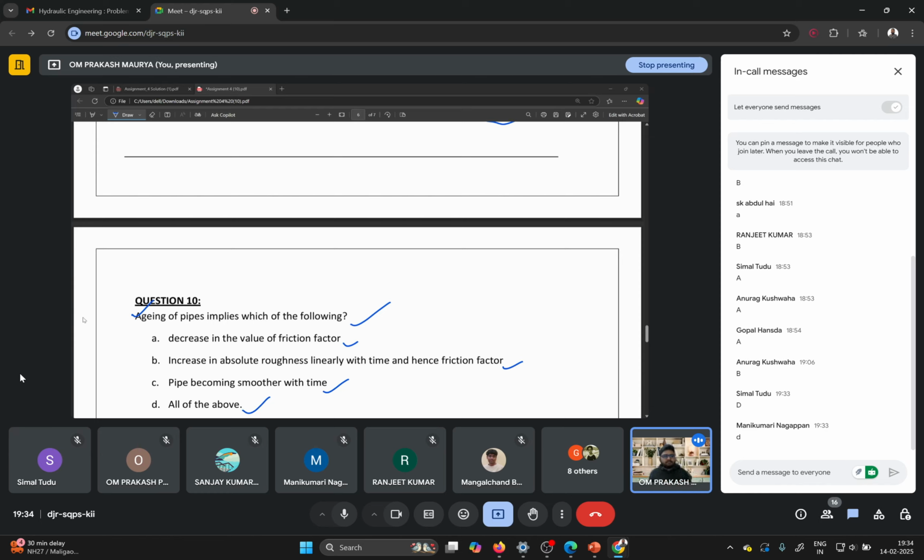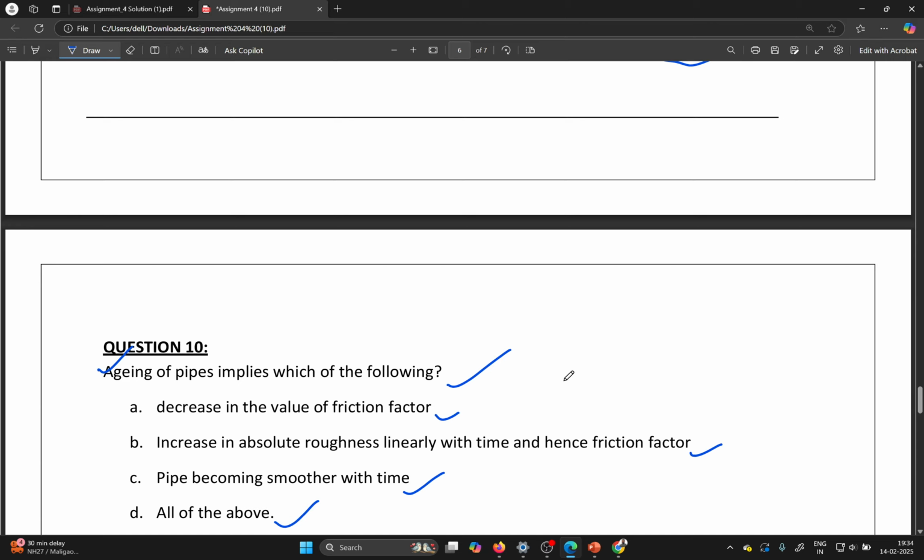So here I think let me just discuss, then you can maybe have more clarification. So aging of pipe, as you are all aware with the corrosion, due to the corrosion your pipe may be damaged at places, maybe like that.